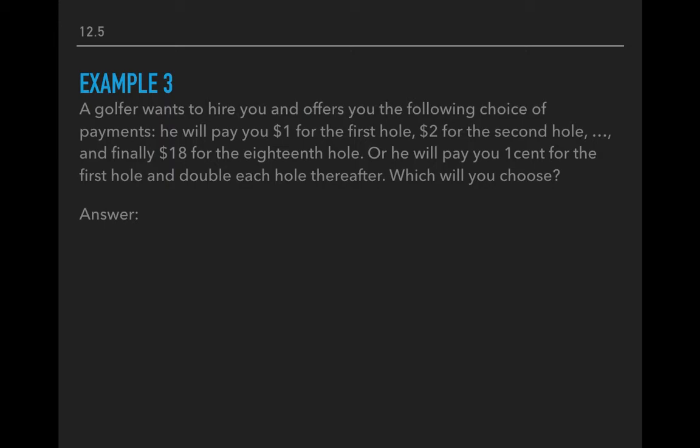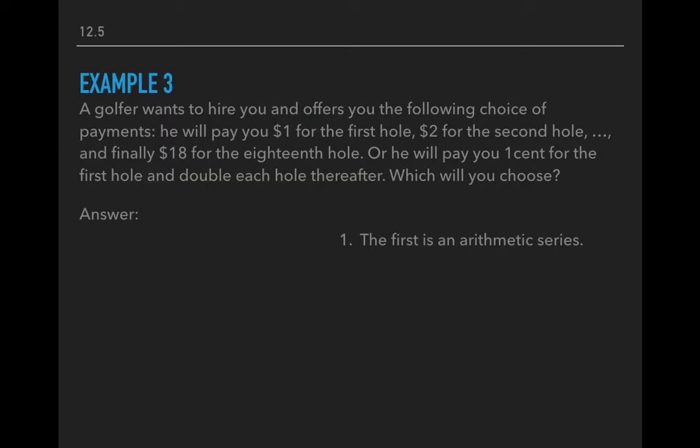Or the other payment option is he'll pay you 1 cent, just one, for the first hole, and then he'll double it for every hole that you help him with thereafter. That would be 2 cents on the second hole, doubling, that would be 4 cents on the third hole, continuing up to the 18th hole. So which one would we choose?